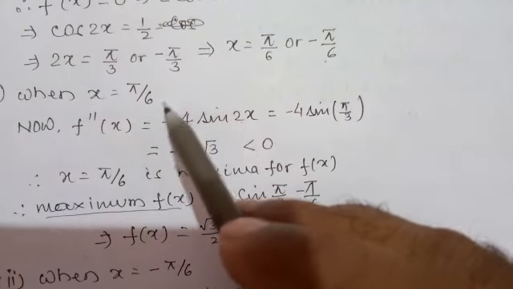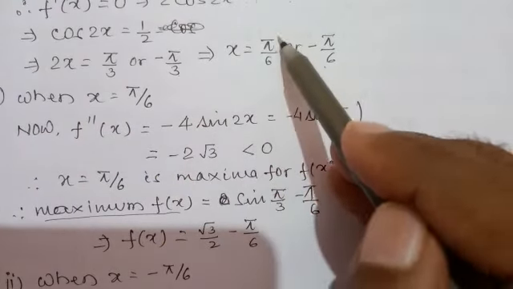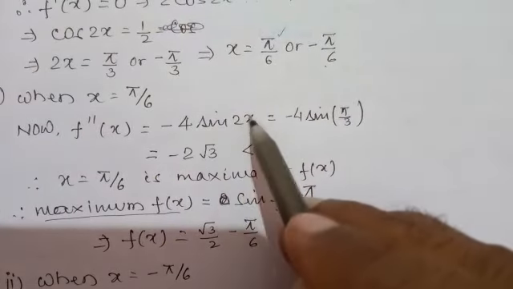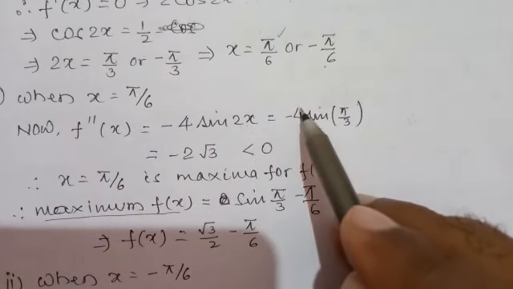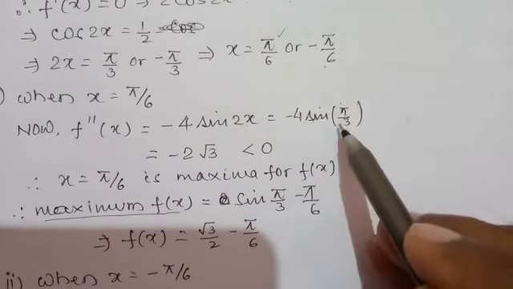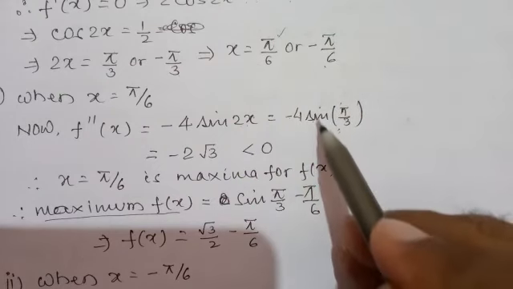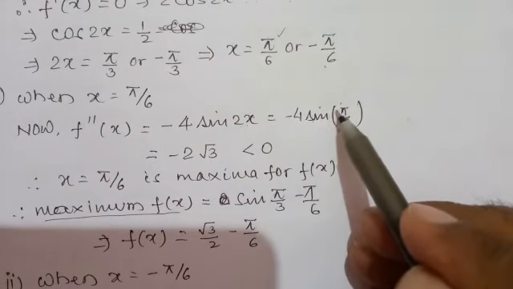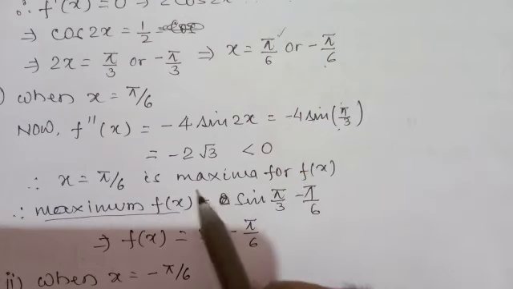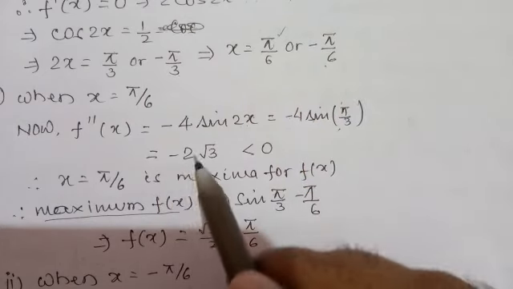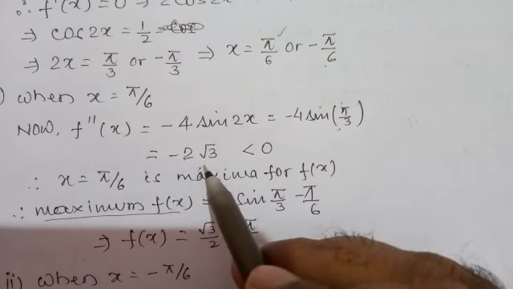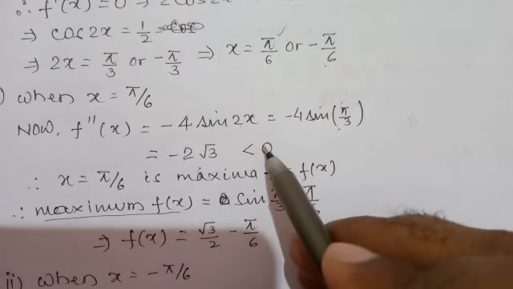Put x equal to pi by 6, one of the values. Pi by 6 means 2x will be pi by 3, so minus 4 sin pi by 3. Sin pi by 3 is root 3 by 2, the 2 and 4 cancel, giving minus 2 root 3. As there is a minus sign, it is negative, that is less than 0.